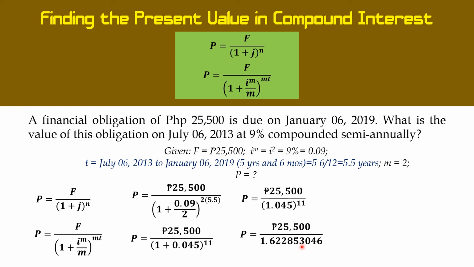Then by division, 25,500 divided by 1.622853046, the principal or the present value is equal to 15,713 pesos and 7 centavos. So this is now the answer to this problem.